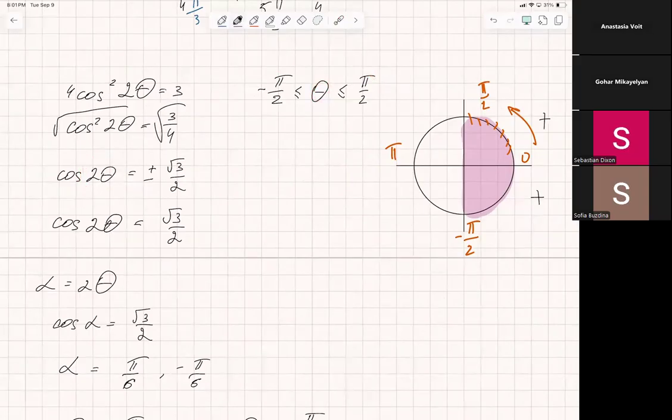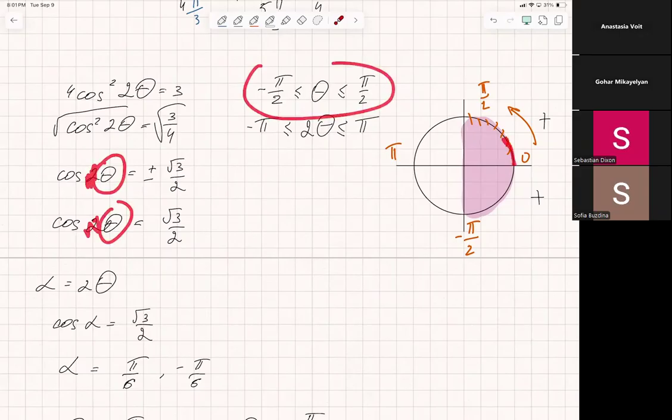So now for 2 theta, the restrictions on the domain would be from negative pi to pi, right? Yes, so this is what we didn't include actually, because that will change, right? If it was just theta, without this 2, then yes, we would include only positive pi over 6 and negative pi over 6. Since we have 2 theta here, we need to adjust our domain accordingly, right?